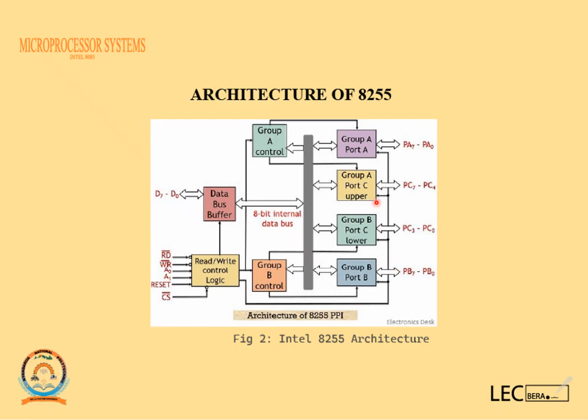What I want you to understand is that port A and port B contain a total of 8 pins each. But apart from that, they contain extra pins, 4 each. So we have port A, which contains an extra 4 pins, and port B, which also contains an extra 4 pins. The extra 4 pins from port A will create port C upper pins.